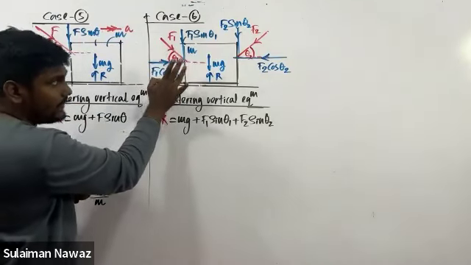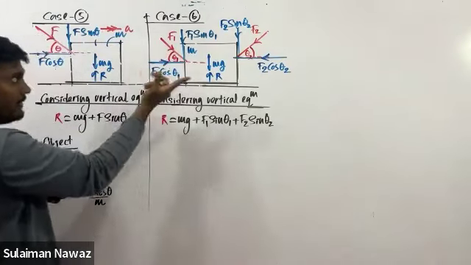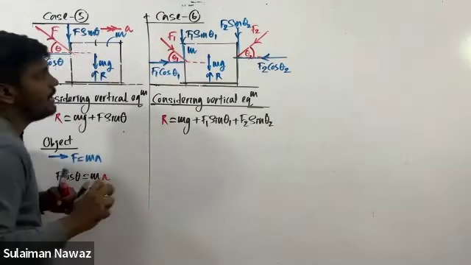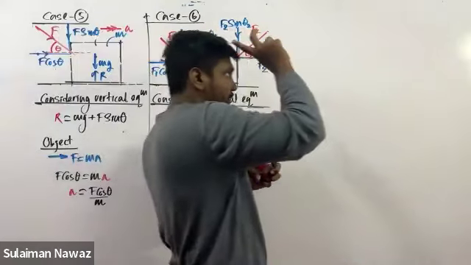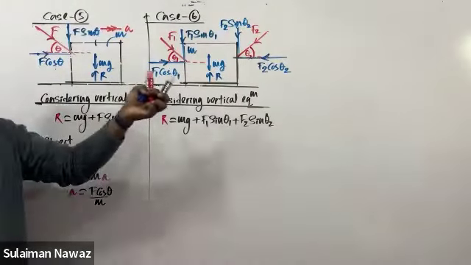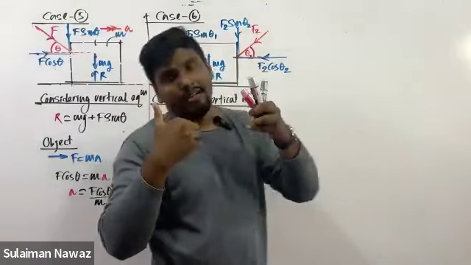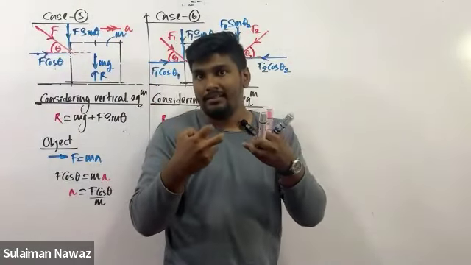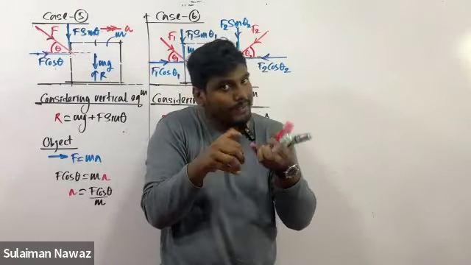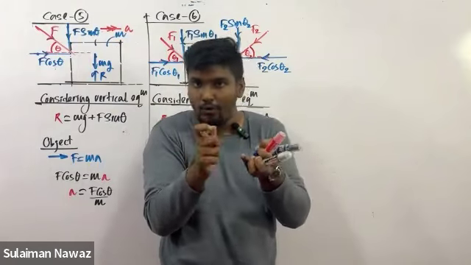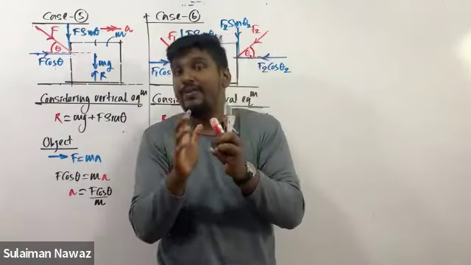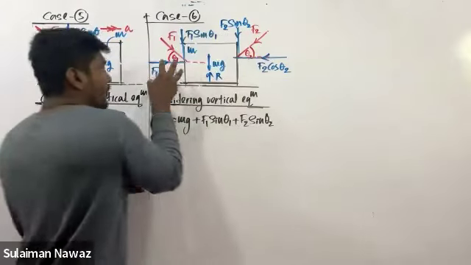Now the next idea. How many horizontal forces are acting on the object? In this case, there was only one horizontal force, F cos theta. When it comes to case 6, there are two horizontal forces: F1 cos theta 1 in the right direction and F2 cos theta 2 in the left direction. Without knowing the F1, theta 1, F2, theta 2 values, we can't tell which one is larger.